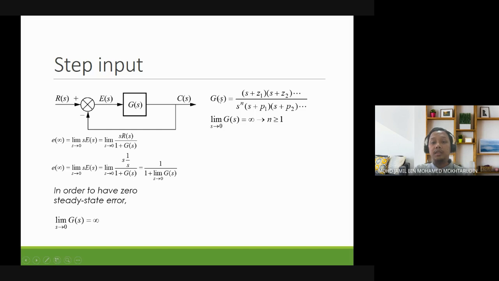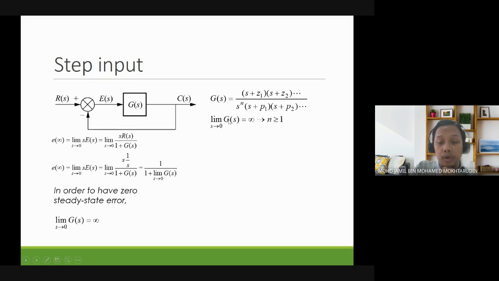Let's say your G(S) is a transfer function of (S plus Z1) times (S plus Z2), where Z are the zeros, divided by S to the power of N times (S plus P1) times (S plus P2), where P are your poles. We want to determine the value of N that can give zero steady state error.